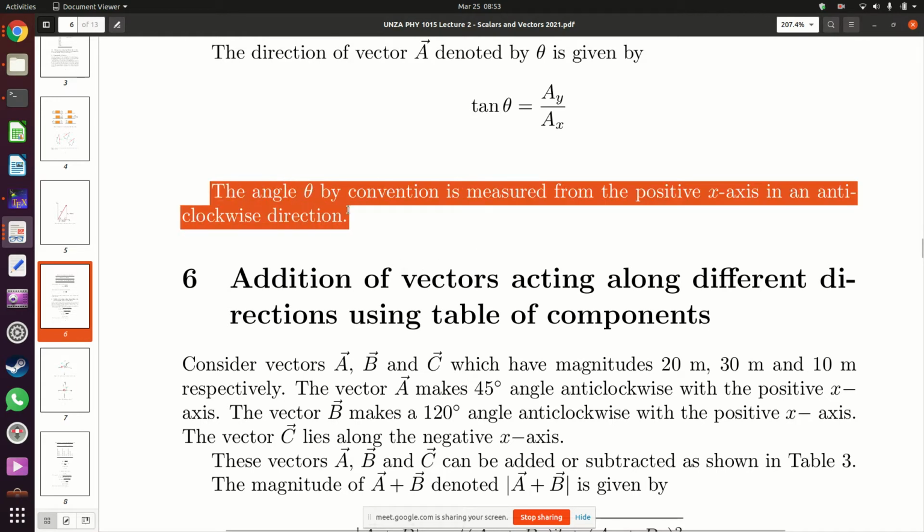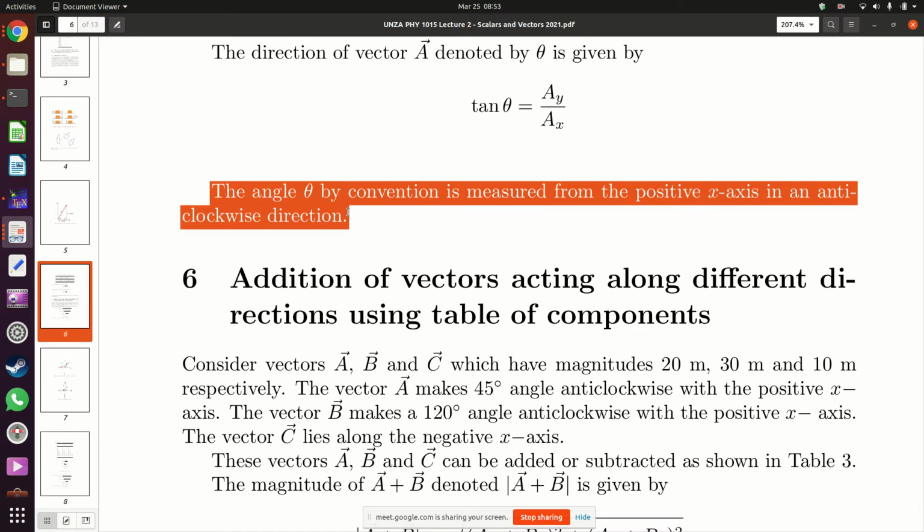The angle theta by convention is measured from the positive x-axis in an anti-clockwise direction. This angle theta gives you the direction of the vector, the direction in which the vector is pointing.